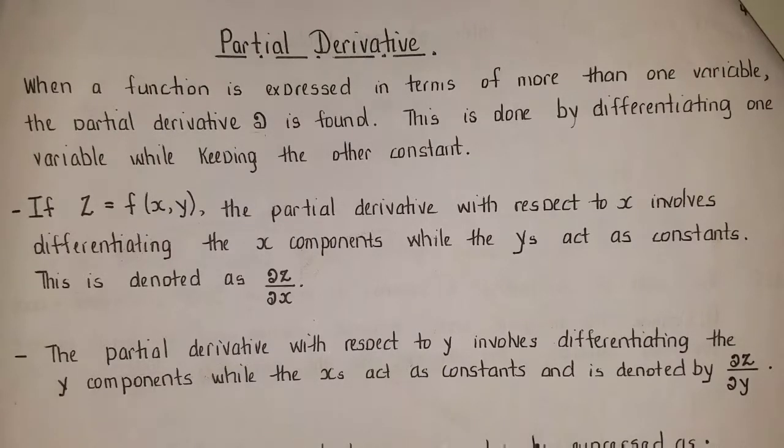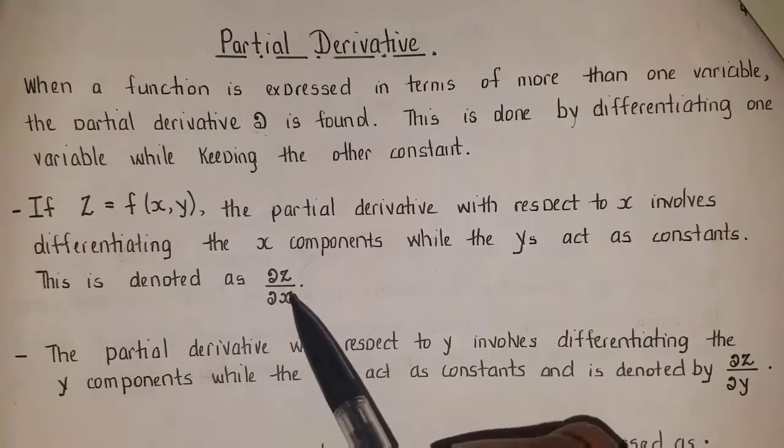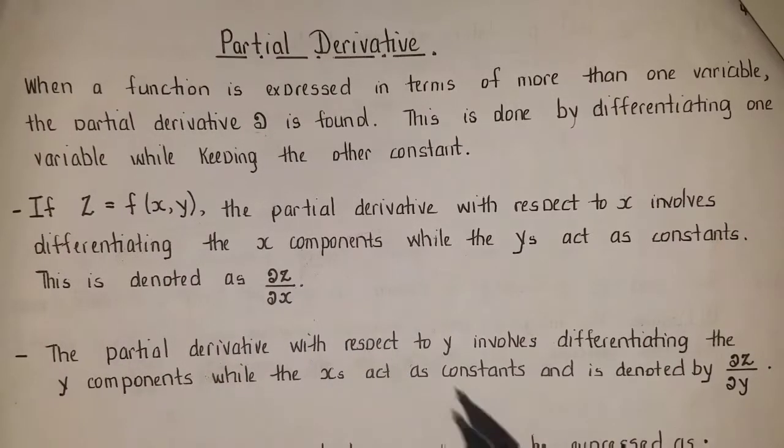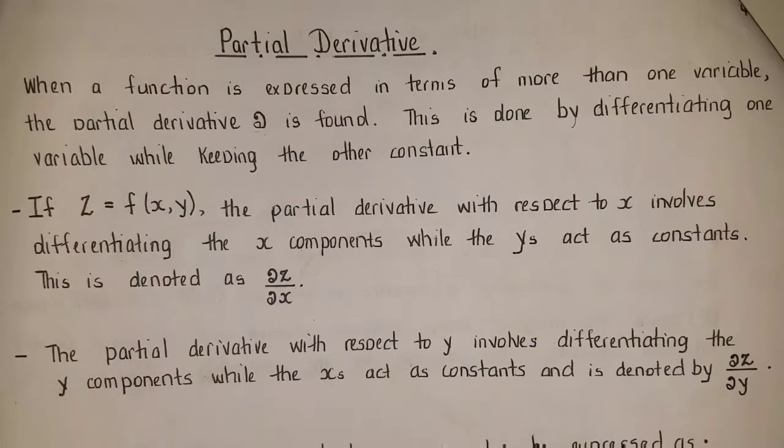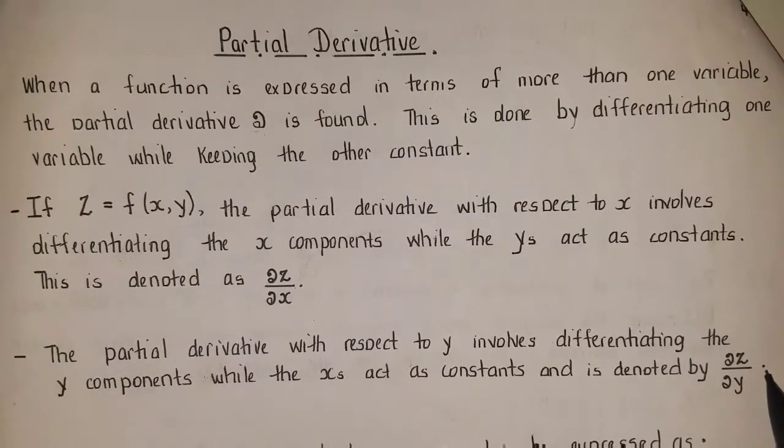And this can be expressed as follows. The partial derivative with respect to y involves differentiating the y component while the x's act as constants and is also denoted as we see here.